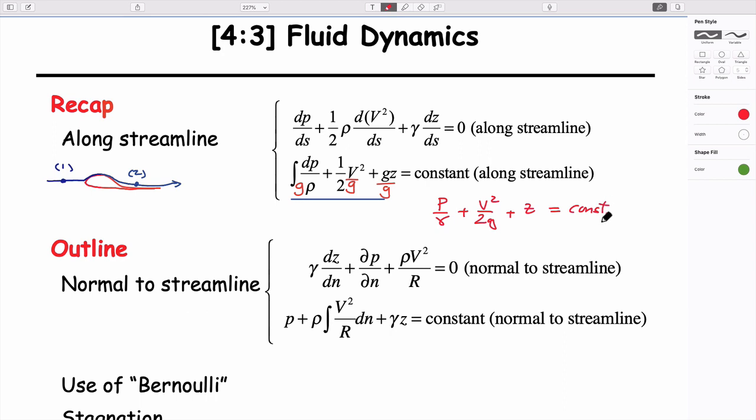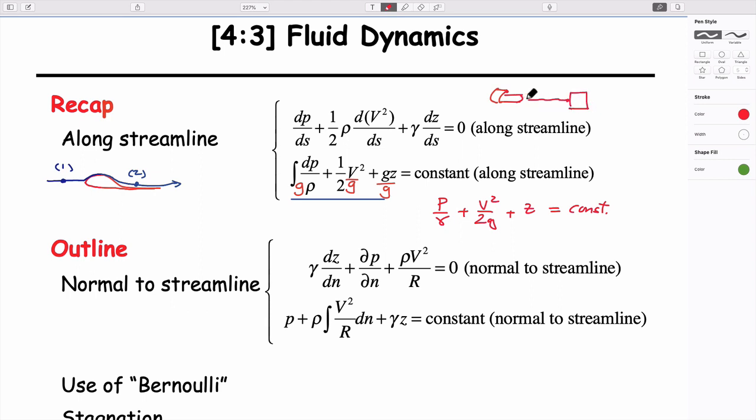And so what we did last time was we wrote it at two locations, 1 and 2. We have 6 unknowns, and so long as we know 5 of them, we can solve for the final one. And so we did the example with a jet engine, for instance, putting pressure on a truck to represent this United Airlines thing that we had going on last time.